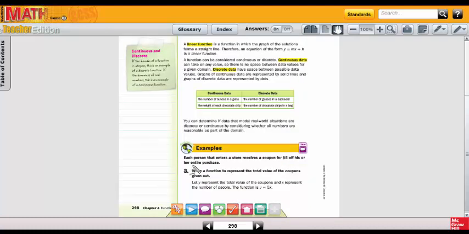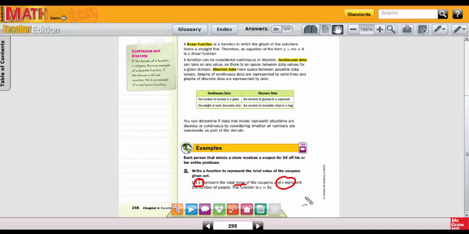So let's take a look at what that means. Each person that enters a store receives a coupon of $5 off his or her entire purchase. Write a function to represent the total value of the coupons given out. So in this case, we're going to let y, which of course is going to be our output, represent the total value of the coupons, and let x represent the number of people.